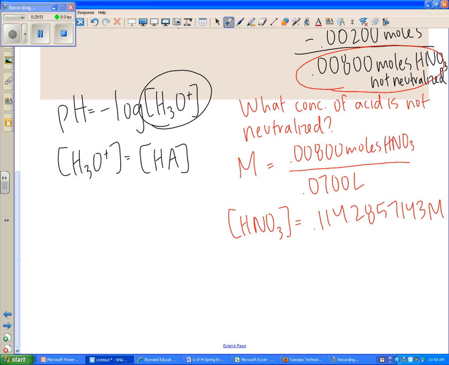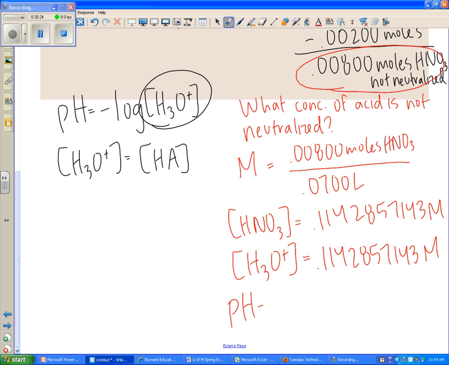Now we know, Morgan, you could write not neutralized, and that's fine, but you wouldn't have to specifically note that. We know then that because this is the acid concentration, it's also the hydronium ion concentration. And so we can find the pH by plugging that in.